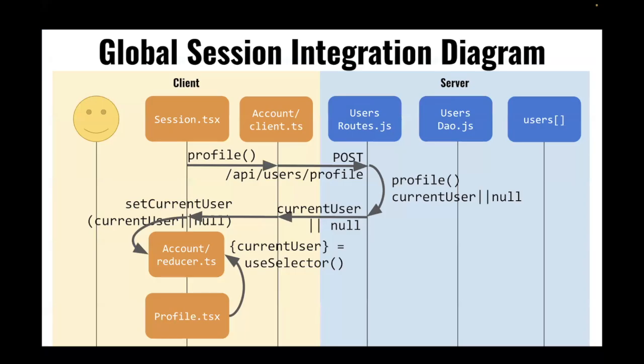So it makes sense to make this information available throughout all the pages in the application, and we have the reducer for that. The reducer does give us access to information globally, and we already set that up, right?